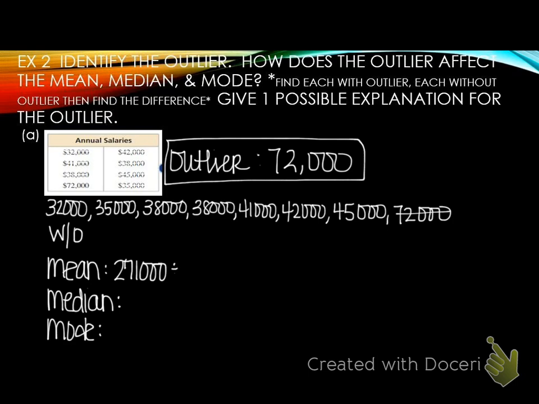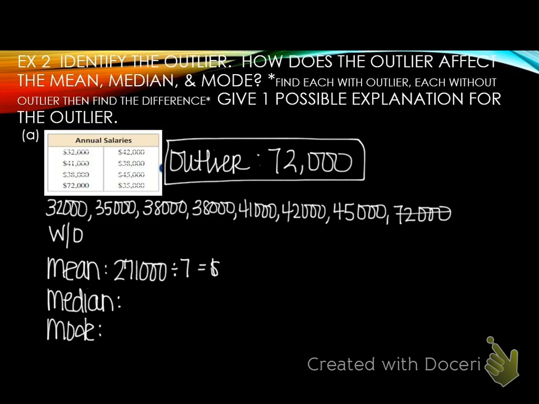What are we supposed to divide by? Now be very careful, because remember, we're not considering the outlier. So how many numbers did you just add together? 7. There are 7. Without the outlier, there are 7, which gives me an average of what? Keep in mind, it's money.